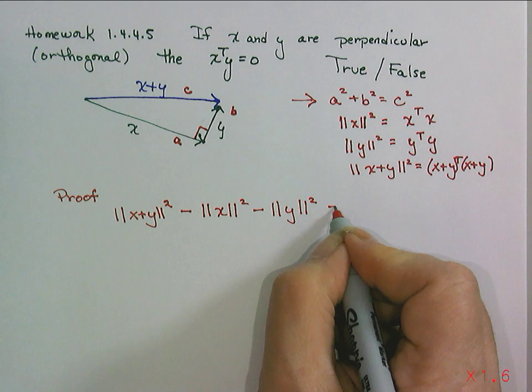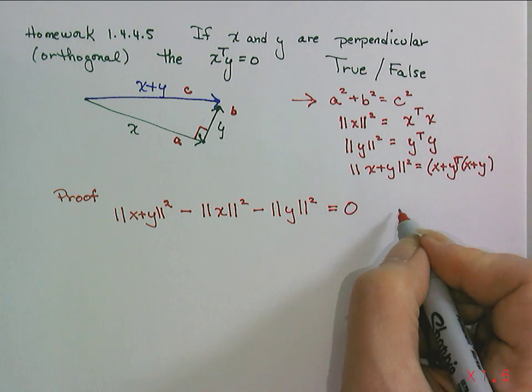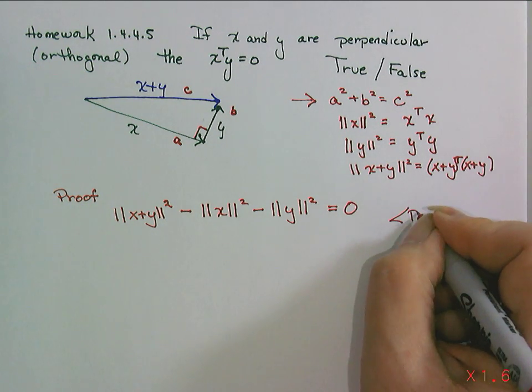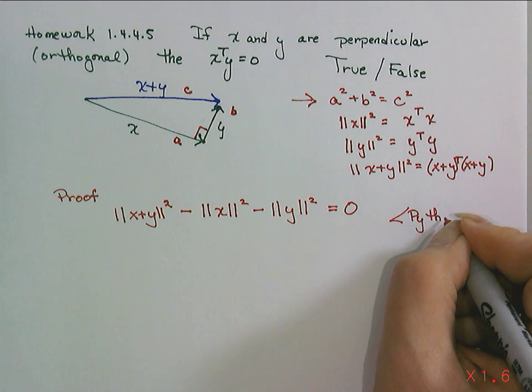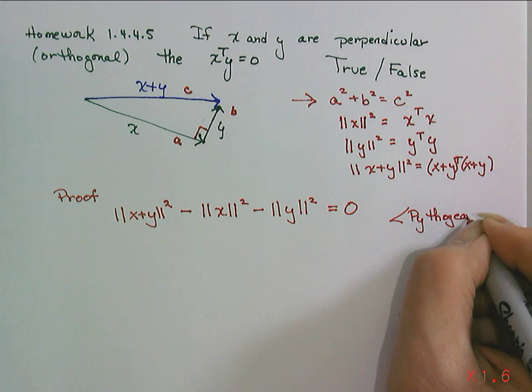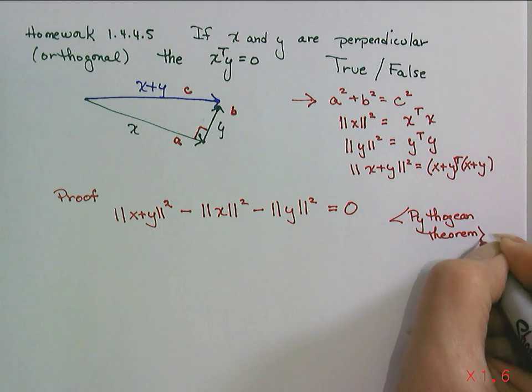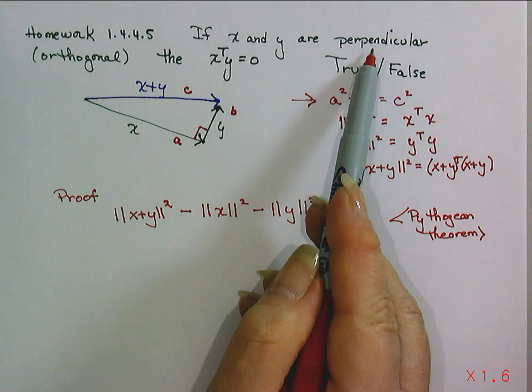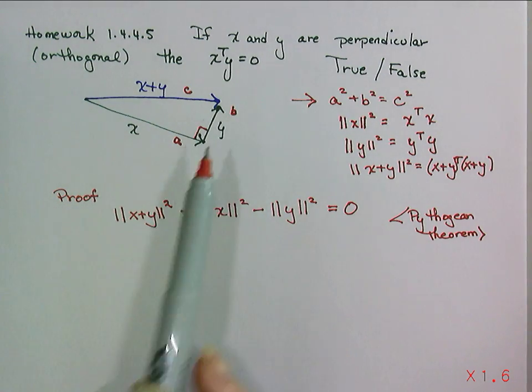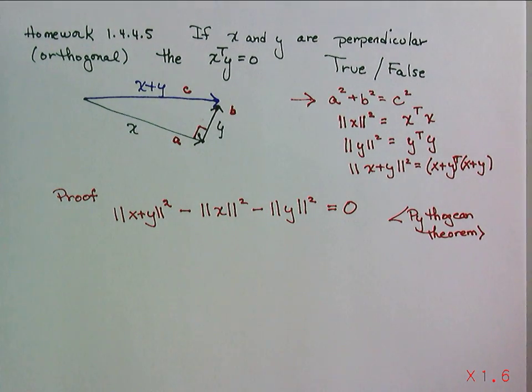And we know our result should be 0 by the Pythagorean theorem, since these are supposed to be perpendicular, so they form a right angle.